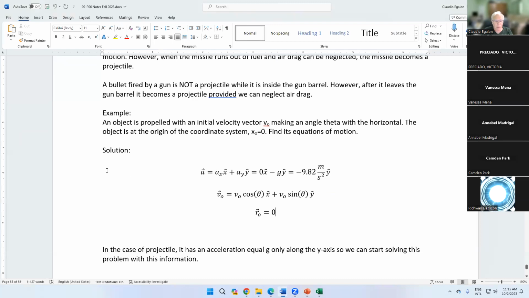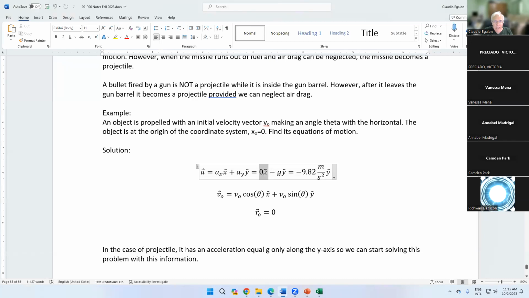And now we can start the problem, right? Just like we did before, we started with the acceleration. Notice that we have 0 acceleration along the x-axis.